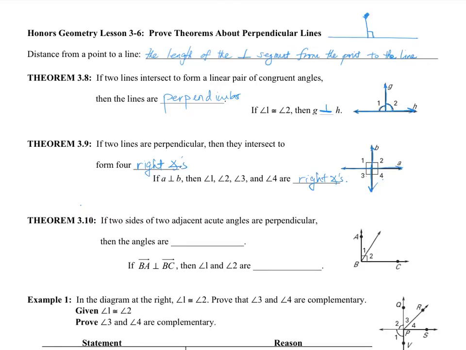Theorem 3.10. If the non-shared sides of two adjacent acute angles are perpendicular, then the angles are said to be complementary.